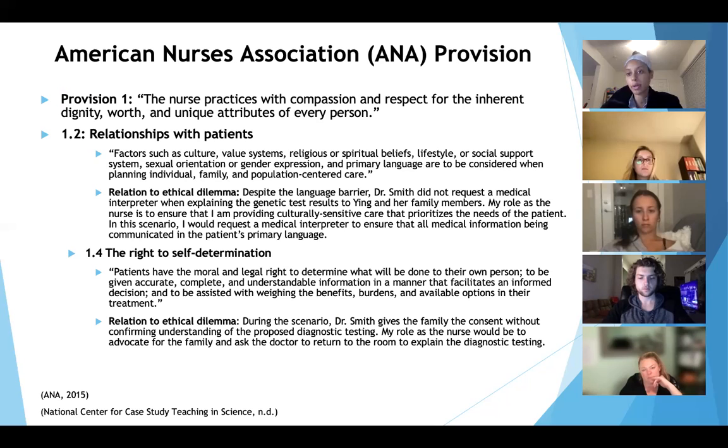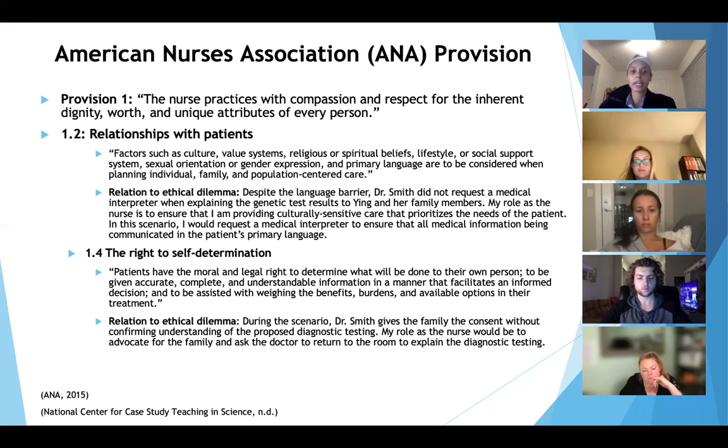Each provision is broken down into subsections. The first one I want to talk about, 1.2, is mostly hitting on relationships with patients. It talks about how factors such as culture, religion, spiritual beliefs, lifestyle, and social support are to be considered when planning care. So this comes back to the idea of providing individualized care.